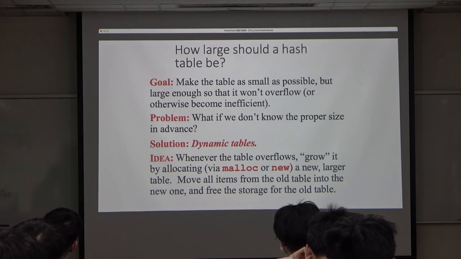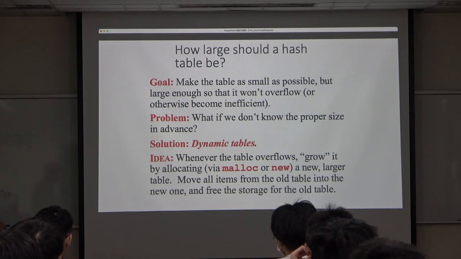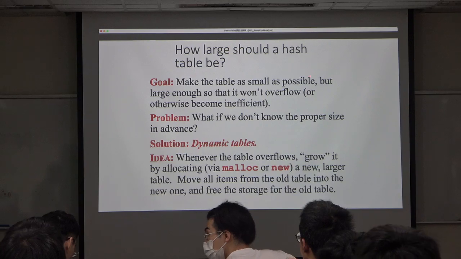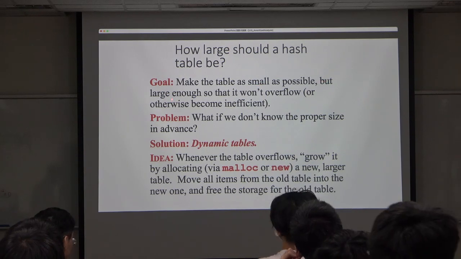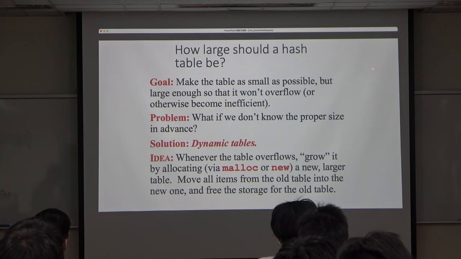But if your hash table is not big enough, it will overflow. So the goal is to make the table as small as possible, but large enough so that it won't overflow.